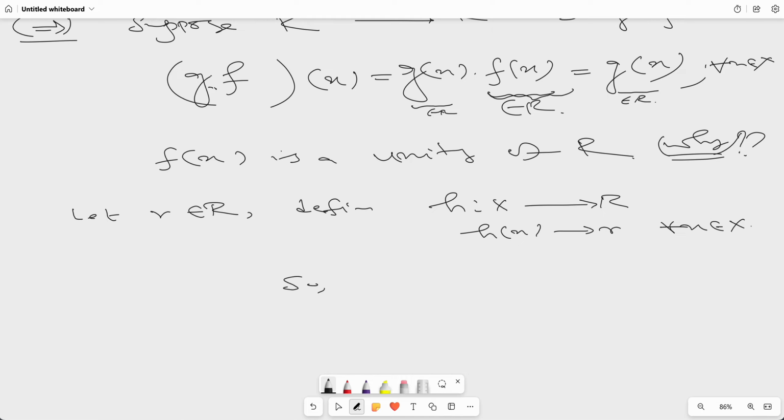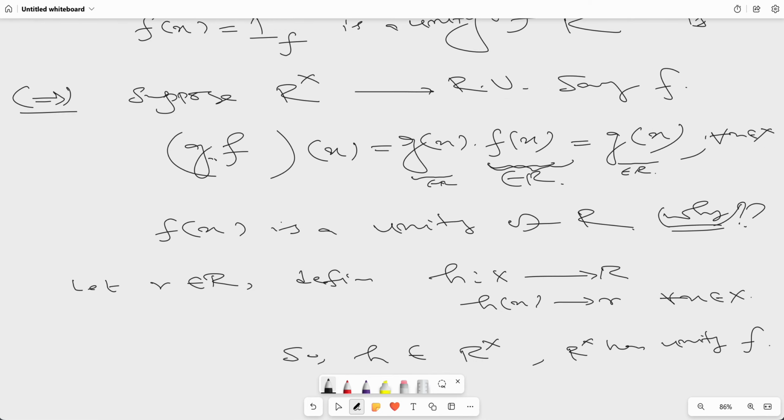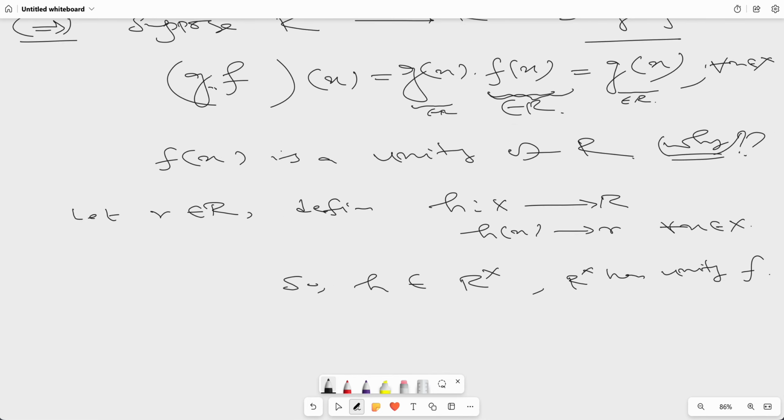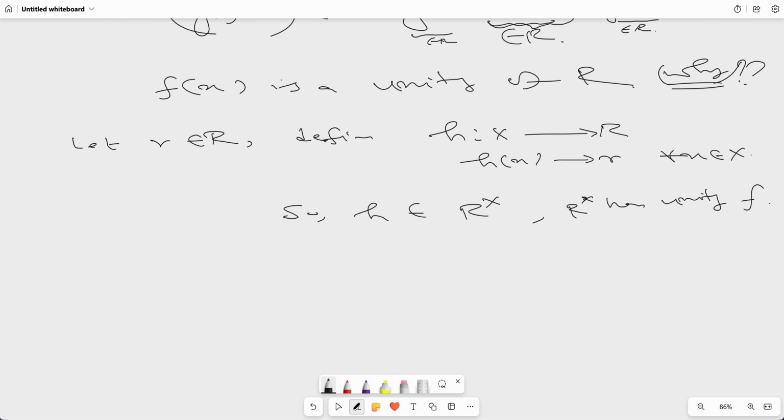So h is clearly inside R^X, because h is a function from X to R. R^X has a unity f, because f is a unity here. So h dot f equals h.